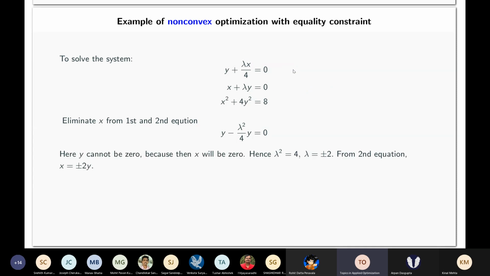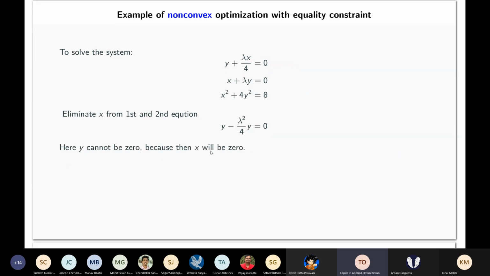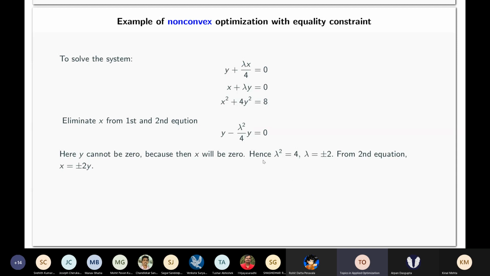So y cannot be 0, because then x will be 0 and it violates the equality constraint. So that is out of the window. Here the only possibility is that lambda squared is 4, then it cancels out. In other words, lambda is plus or minus 2, and both are valid.